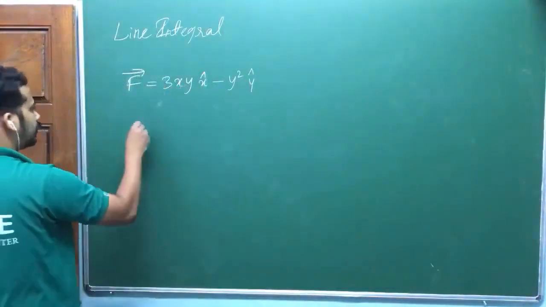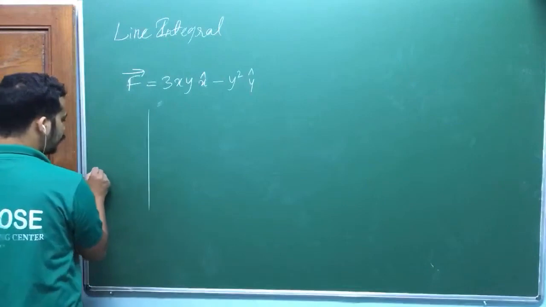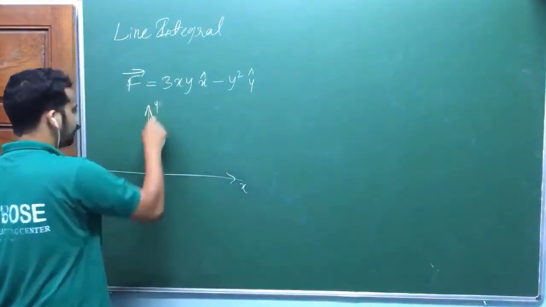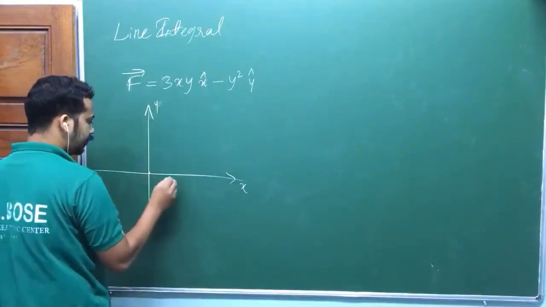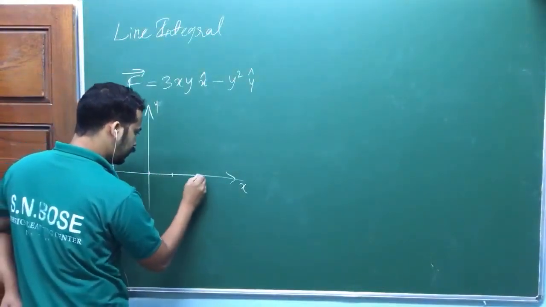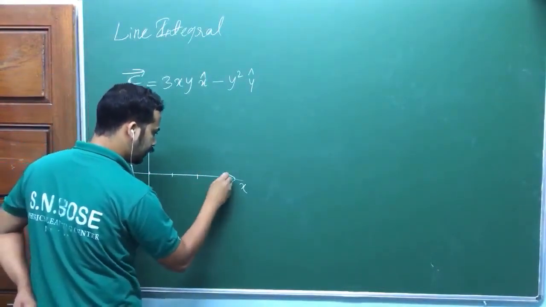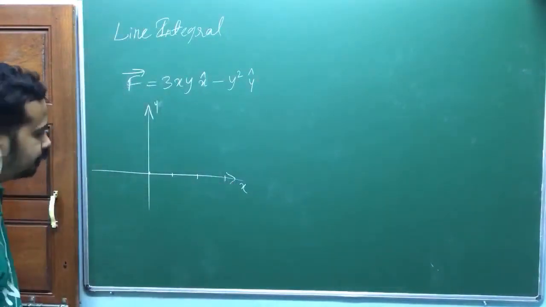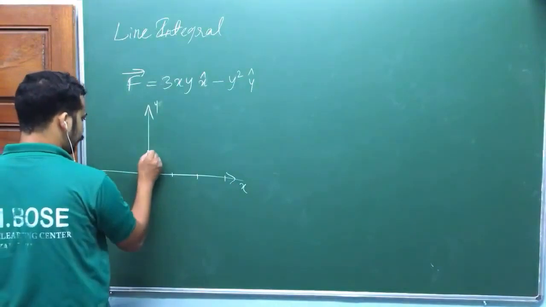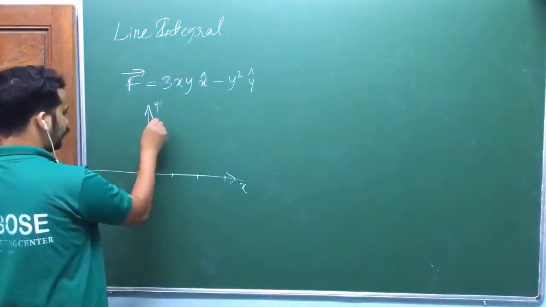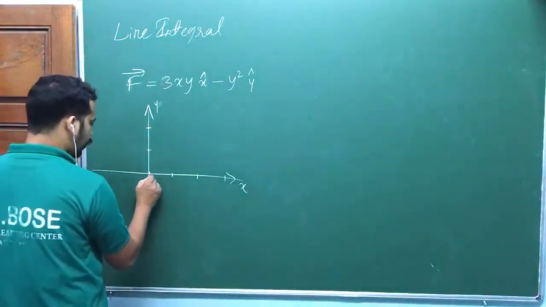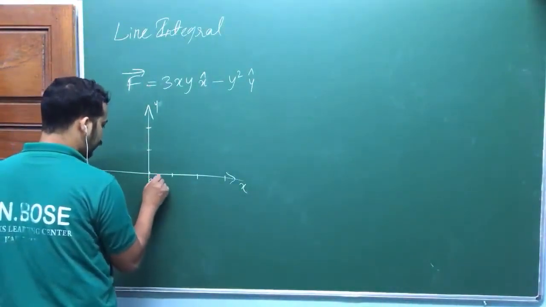So now, obviously, you can define a plane. This vector field is defined on an xy plane. Let me take this one as origin 0, 0. Let me take this one as 1, this one as 2, this one as 3. So this is 0, 0.